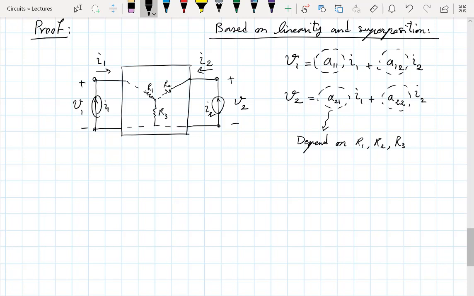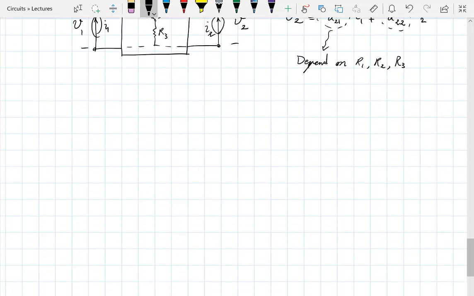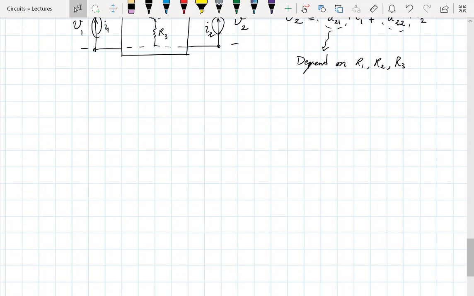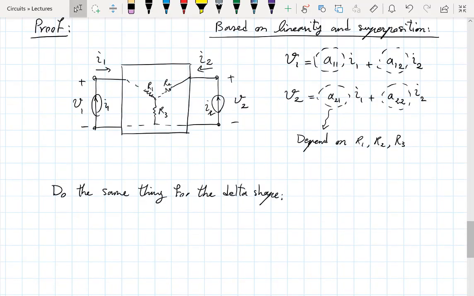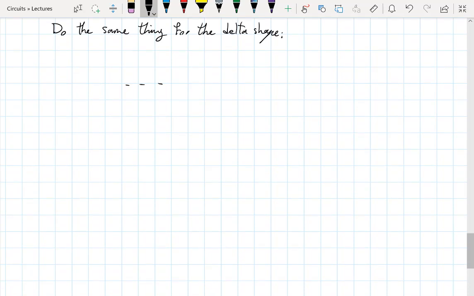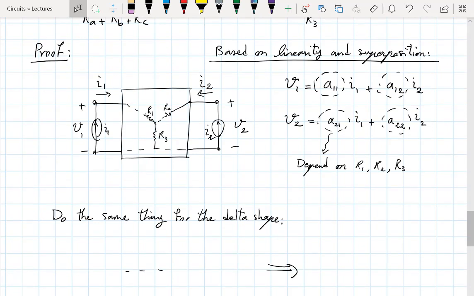Well, now you can do the same thing for the delta. Okay? So do the same thing for the delta shape. I won't draw it again, but basically something that looks similar. And for the same reason of linearity and superposition, you would expect a similar dependence of the voltages on the currents.